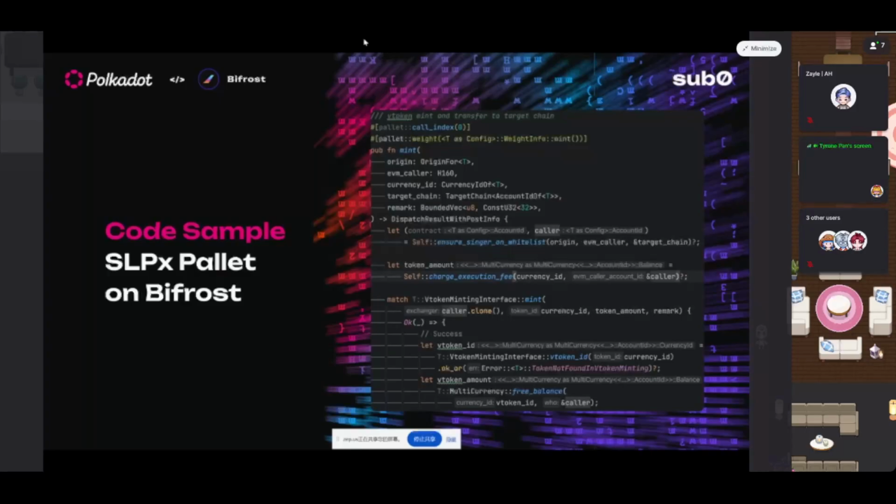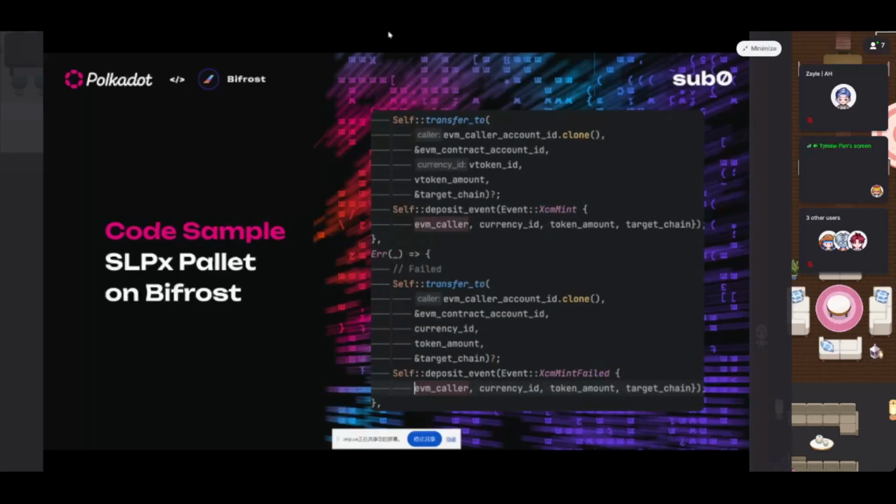Then you need to fill in the amount, and the V token minting interface by mint, with more detail about which V token parameters you're linking to: the V token ID and the V token amount. Following this is the user's account that you're transferring to.